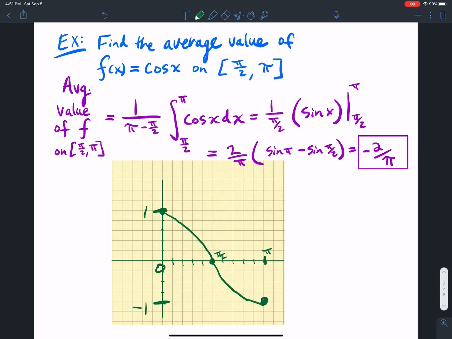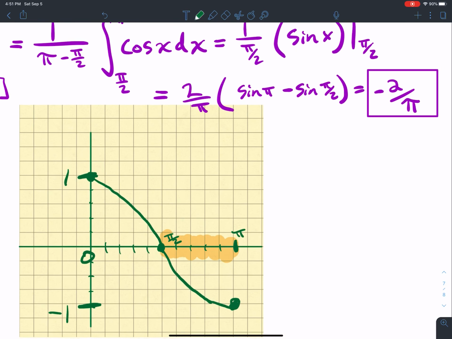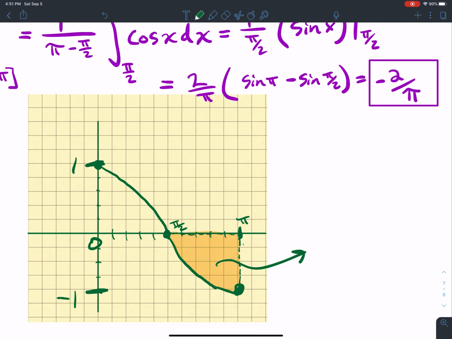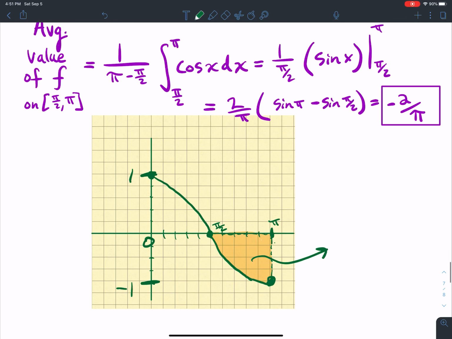And what I want to do is I want to find the average value from pi over 2 to pi, okay? And so what I found, all right, so that area there is this negative area right here, all right? So that's the integral. This here represents, hold up, let's see here.